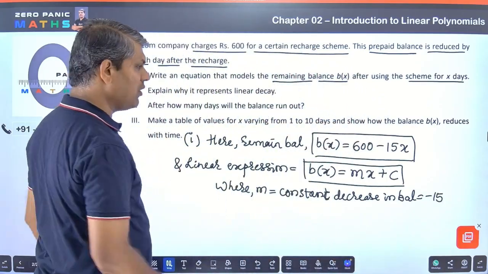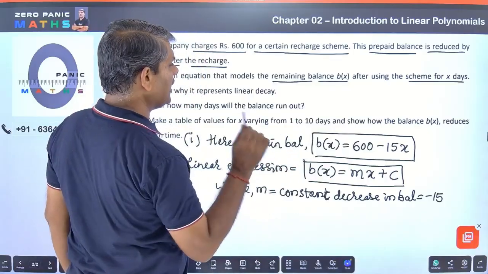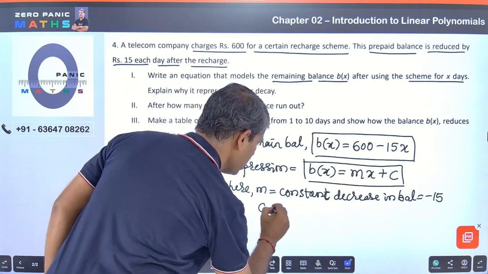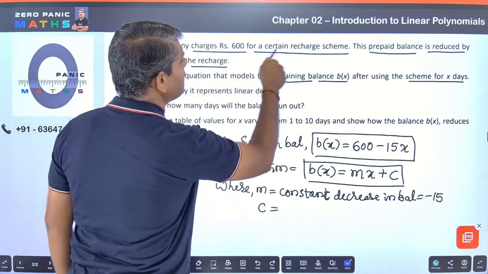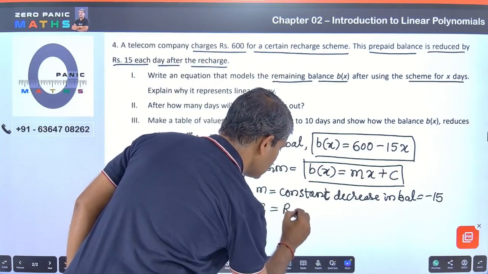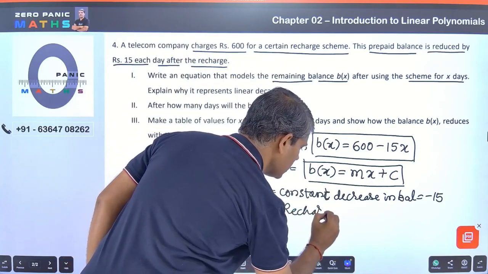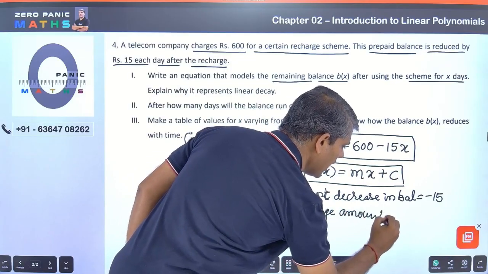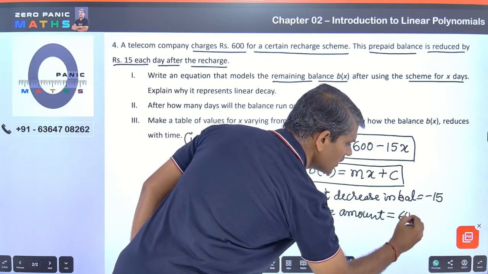Every day minus 15 rupees is getting decreased, right? And what is c? C is the recharge amount, or you can say recharge value. And what is that? It is equal to 600 rupees.